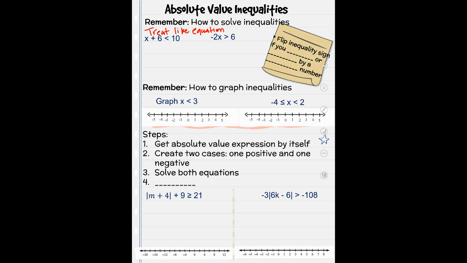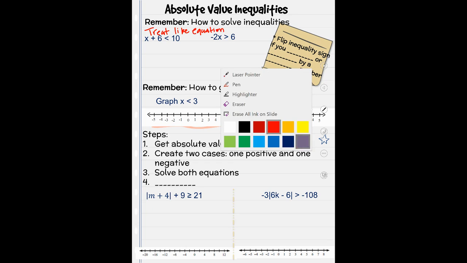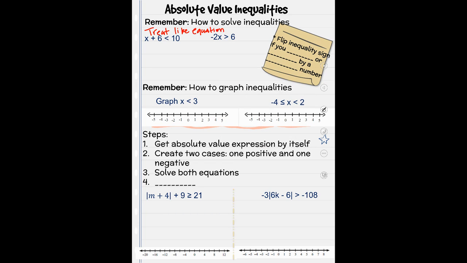So when we're given x plus 6 is less than 10, we can treat that kind of like an equal sign. We can move things back and forth from our inequality. Remember to leave your inequality right where it is, like you would an equal sign. So we still need to get x by itself on one side of the inequality.